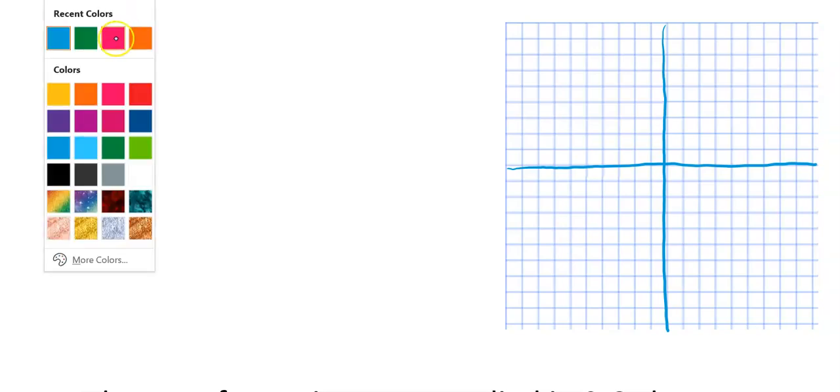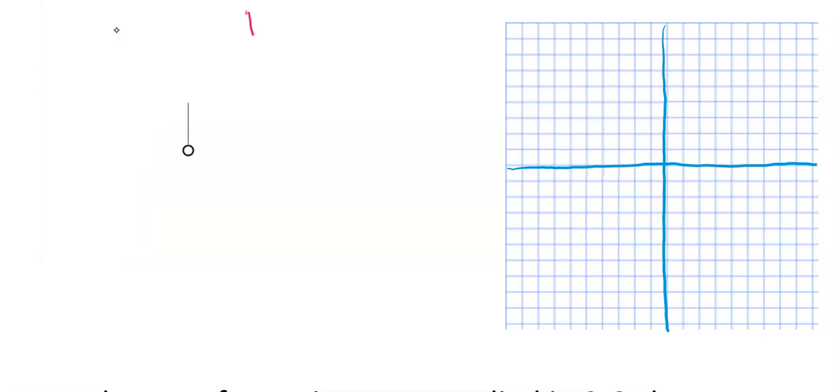Okay, I'm going to do the parent function first, and then I'm going to graph the other one after that, because we know already what this is going to do. So my parent function I'm going to put in pink. And then the other one we'll do green.